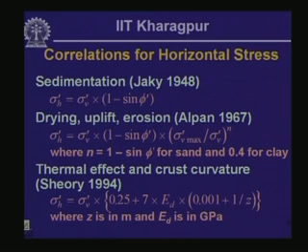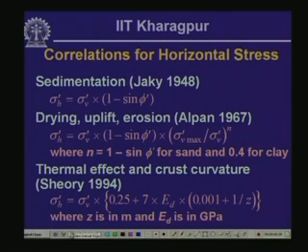So this value could actually be much larger than sigma v prime, and the soil layers for which sigma v prime max is larger than sigma v prime are called over consolidated soils. And let's take an example of an over consolidated soil.